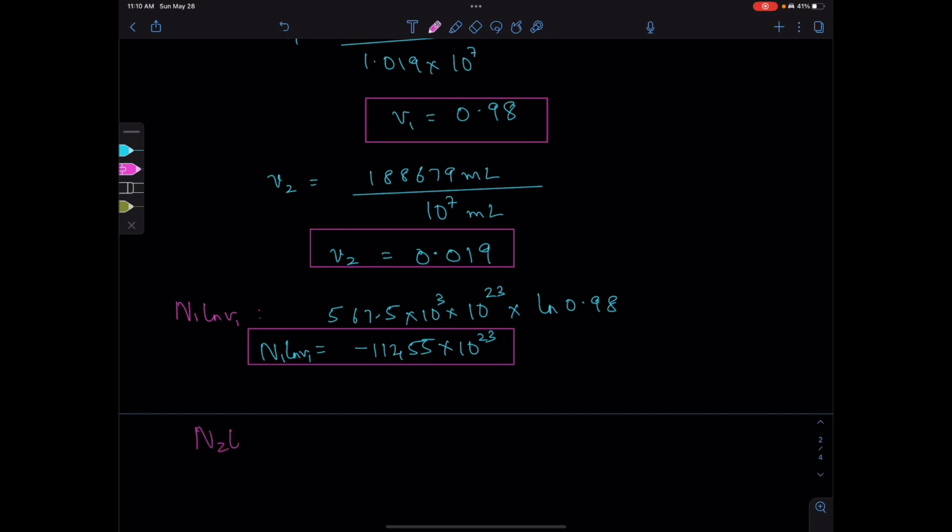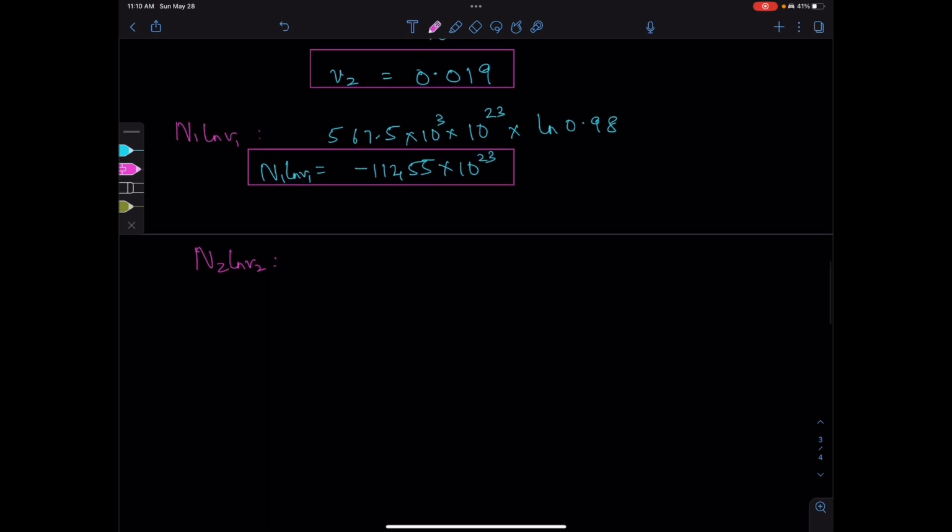N2 ln V2 would be number of molecules of polystyrene is 6.023 times 10 to the 23, since it's just 1 mole, times ln V2, ln 0.019, which is negative 23.87 times 10 to the 23.